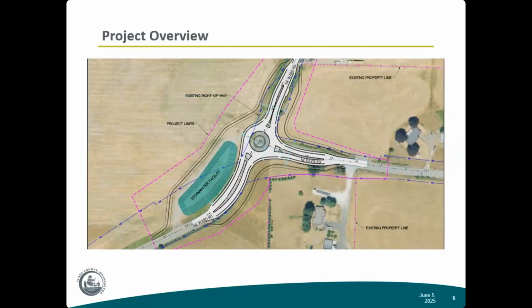Right now, it's right on the edge. You catch an edge and you're in that ditch. So this will be a much shallower slope, and then the ditch will be beyond that. It's going to give a much flatter area.